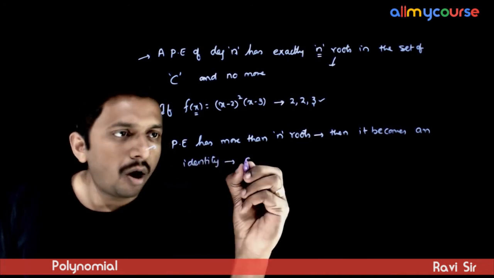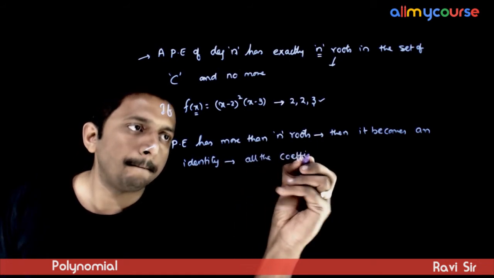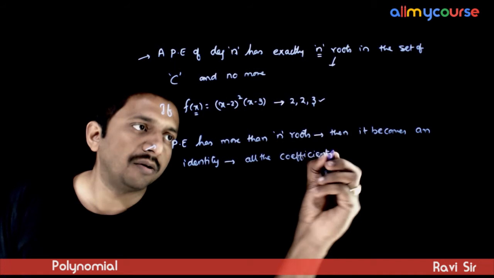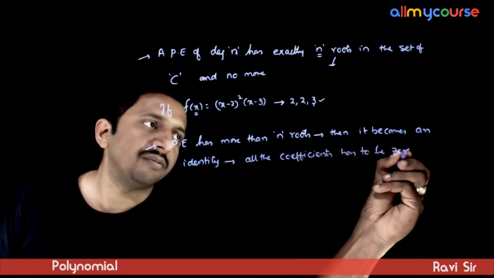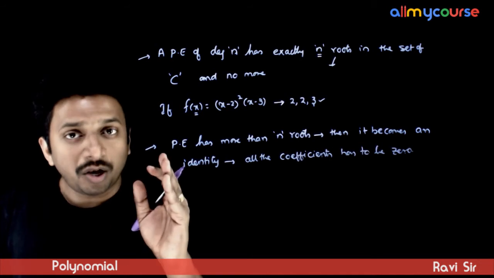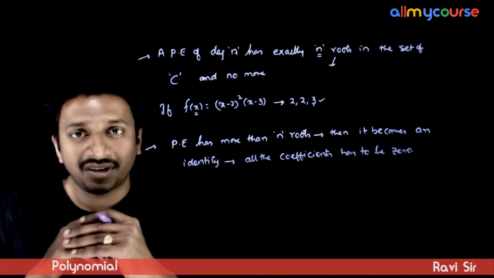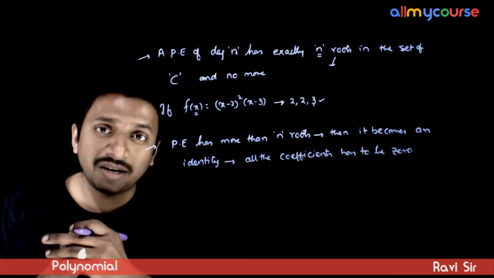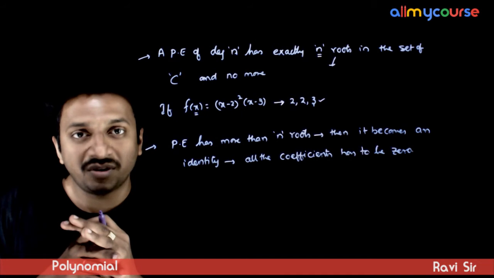That is, all the coefficients have to be 0. So if a polynomial equation of degree n is claimed to have more than n roots, then there is only one option, all the coefficients have to be equal to 0.